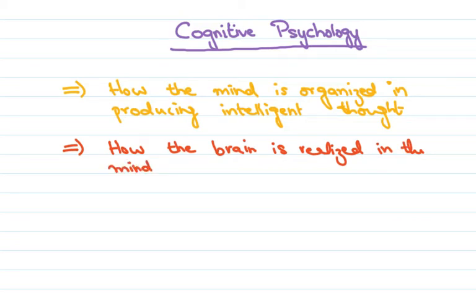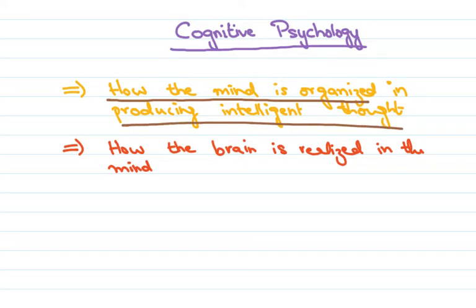Now let's really try to dissect what this means, right? So firstly, when we look at the first bit of the definition of cognitive psychology, the study of how the mind is organized in producing intelligent thought, we're basically looking at the organization of the mind, which is an abstract notion.